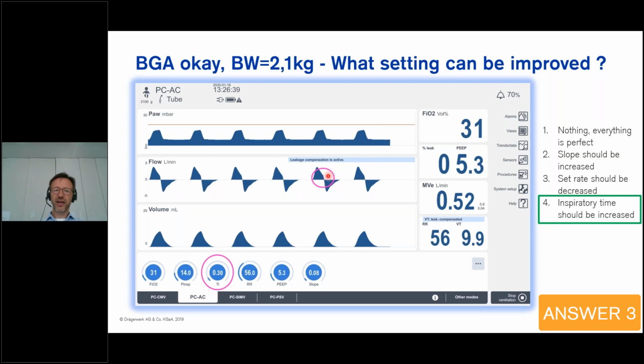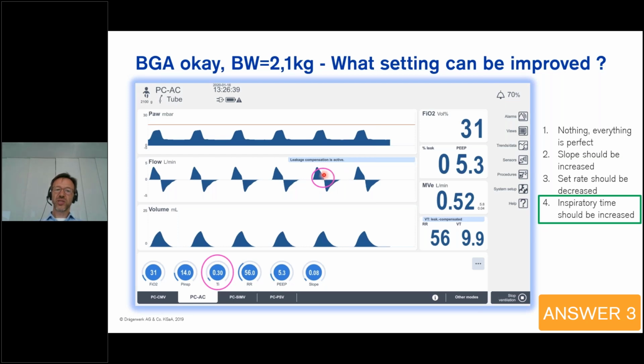You see a kind of edge in the inspiratory flow curve. And that is a clear sign that you give this lung not sufficient time to equilibrate to the inspiration pressure. So therefore, the flow came not down to the 0 line really.